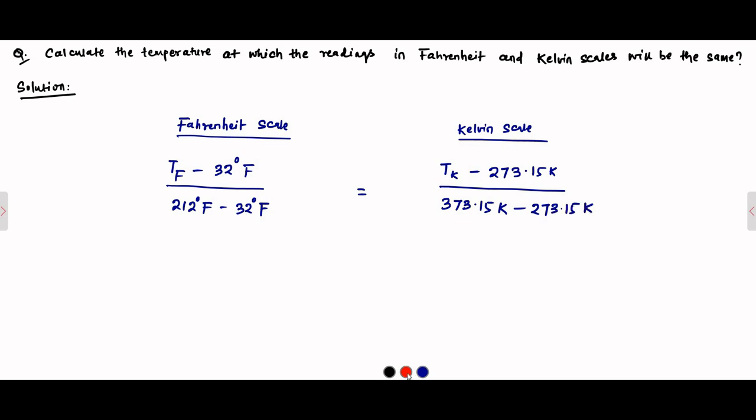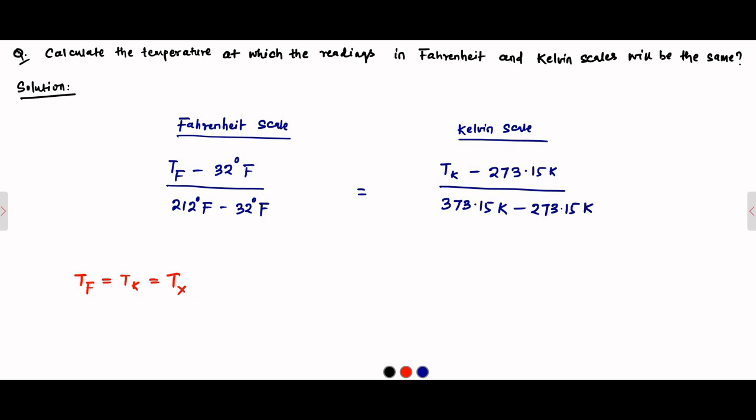Now according to the question, at this particular reading, the values of the Fahrenheit temperature reading and the Kelvin temperature reading are the same. Let's denote the numerical value of that particular temperature reading as Tx.